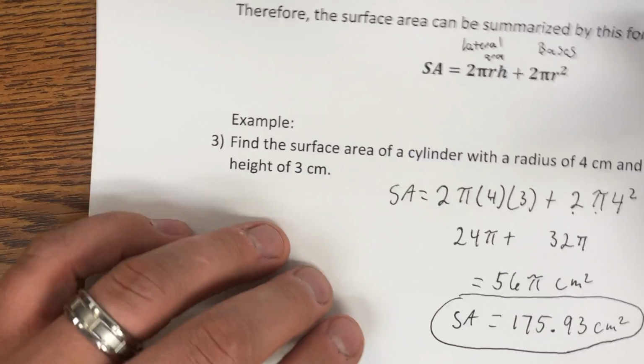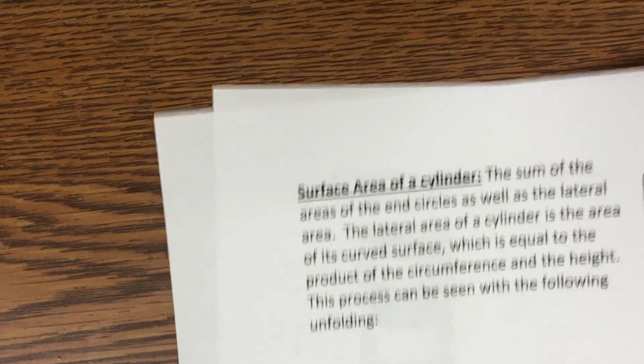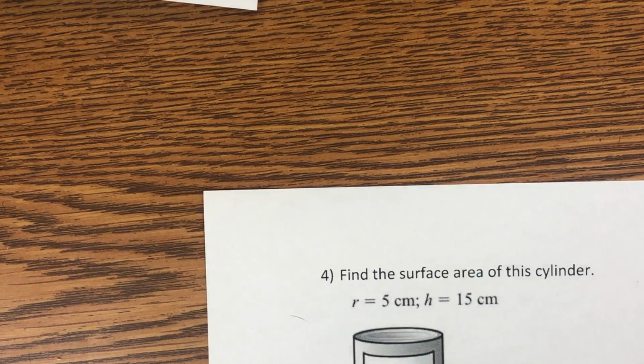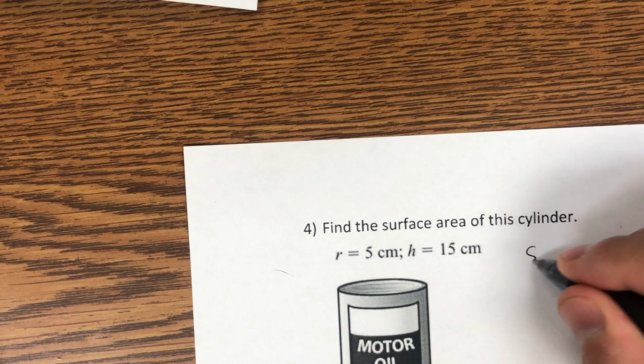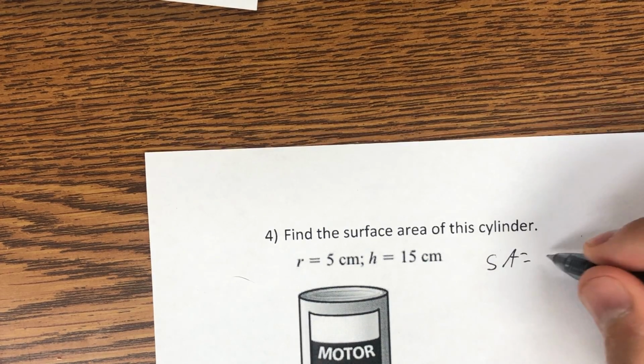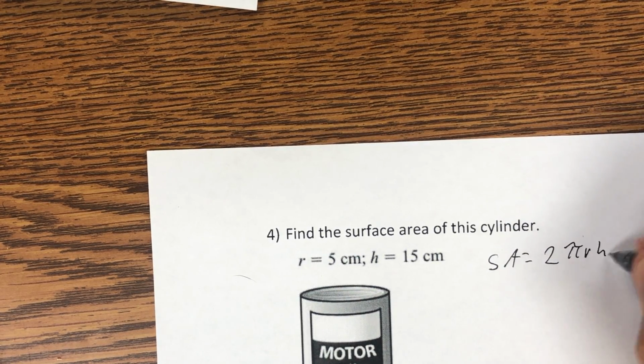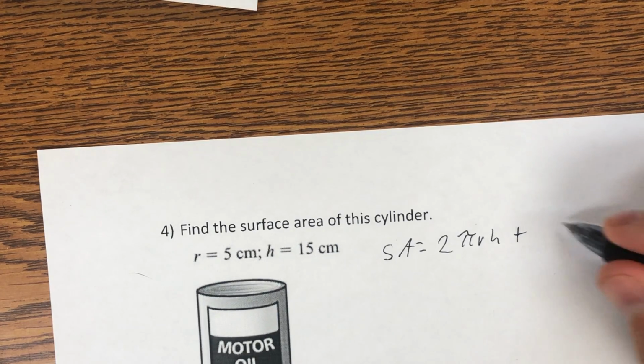All right, one more example here for the surface area of a cylinder. I have a cylinder with a radius of 5 and a height of 15. So remember the formula, surface area equals 2 pi r h plus 2 pi r squared.